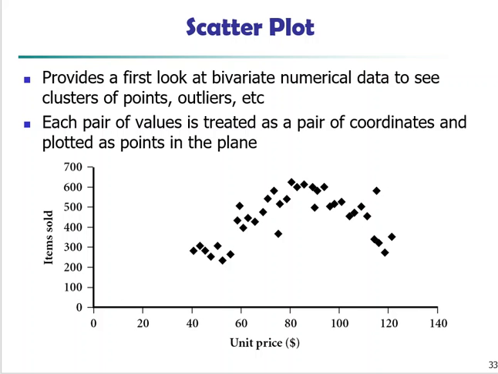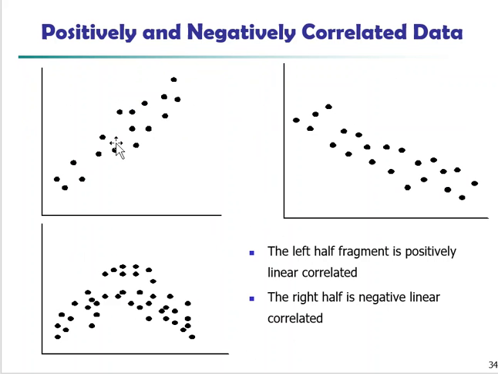Okay, so we saw this pattern when we plot a bivariate data set. We could also see other patterns. This is another plot that shows that whatever the x and y axis variables are, they have a linear correlation. This correlation is positive. The greater the values on the x-axis, the greater the values on the y-axis.